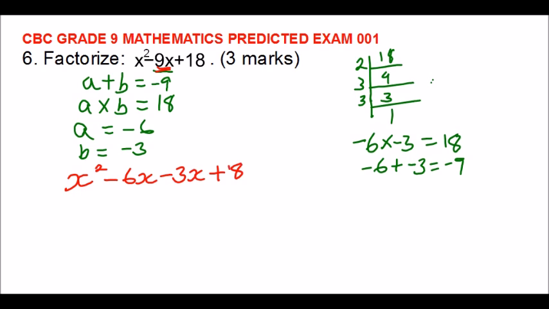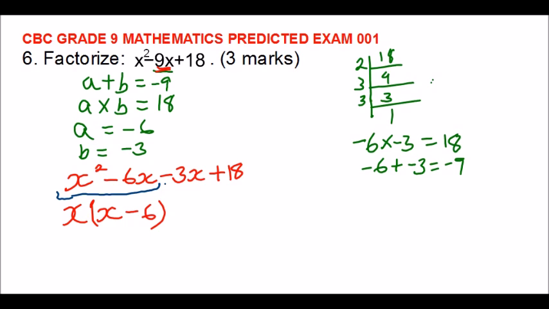Now we factor out what is common. The first two terms have x in common. To factor out is to put it outside the bracket. We will be left with x minus 6. Note that if you open the bracket, you still end up with x squared minus 6x, so we have not changed our expression.